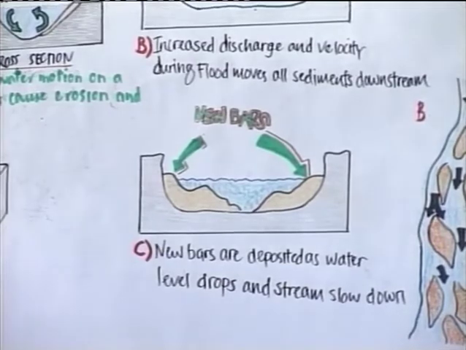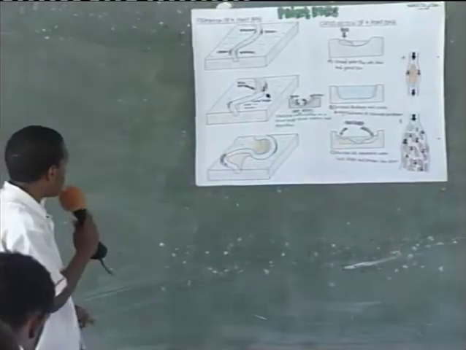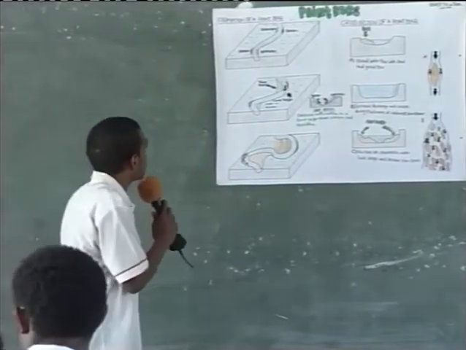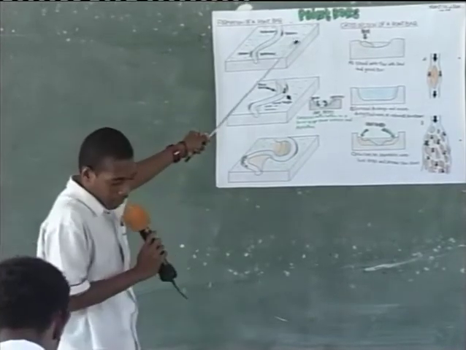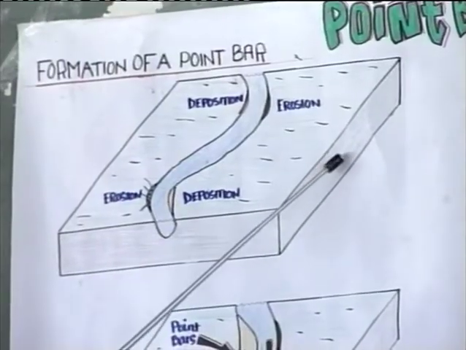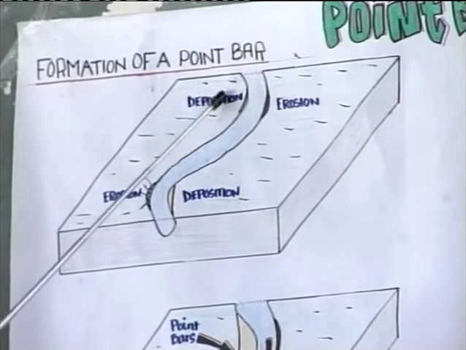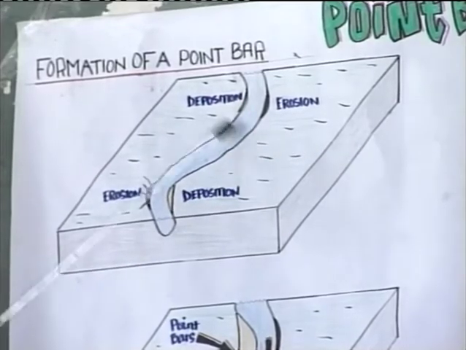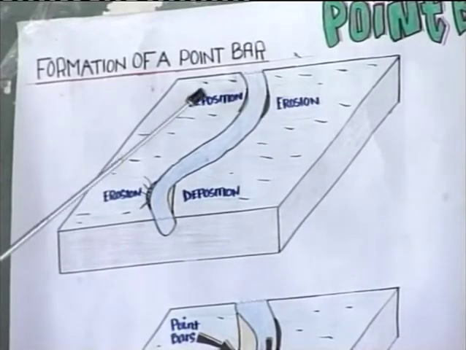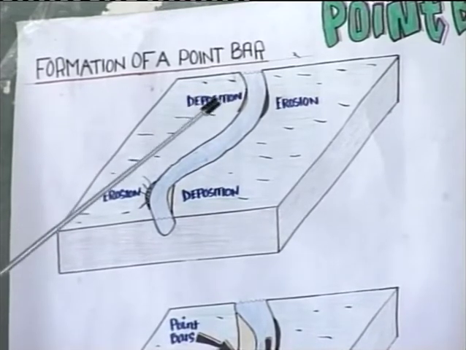Erosion is dominant on the concave banks, and deposition is dominant on the convex banks.